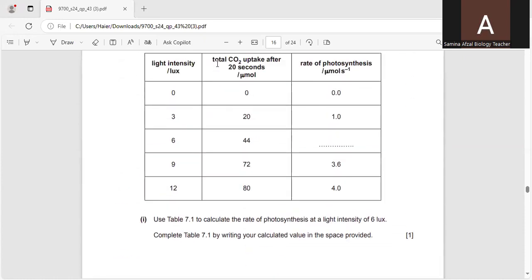So we have to take these values, and with the help of these values, we will draw this graph by taking all these values.